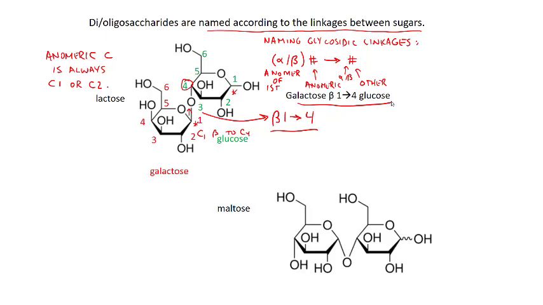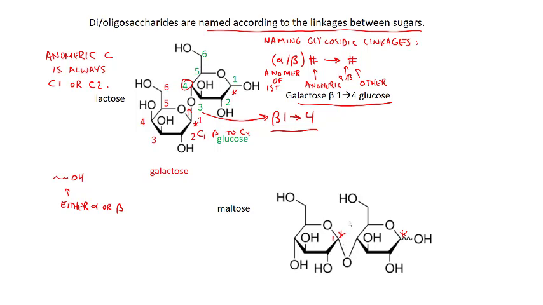Let's try another one. What about maltose? Well, first of all, let's find our anomeric carbons. So there's one right there, and there's one right there. Okay, by the way, that squiggly line, that means either alpha or beta. You don't know, you don't care, so we're just going to draw a squiggle. Anyway, number your carbons. Remember, anomeric carbon is always either going to be 1 or 2.